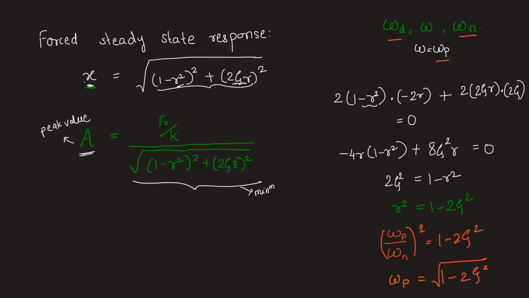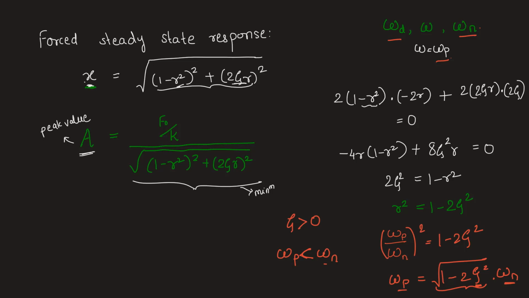Now the damping ratio zeta should be positive, and therefore it will be greater than 0. Omega p should be less than omega n, because we are multiplying a value less than 1 to omega n, and therefore omega p always has a lesser value than the natural frequency of the system omega n.